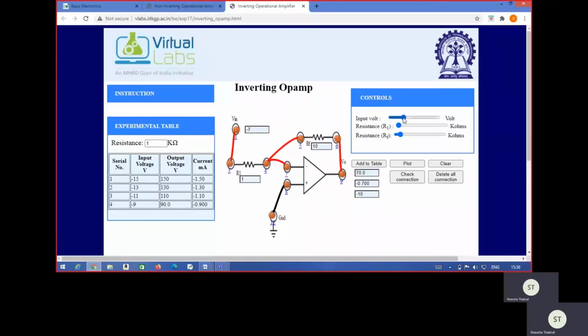So that is we are taking minus 7, add it to table, then minus 5, add it to table, minus 3, add it to table, minus 1, add it to table.